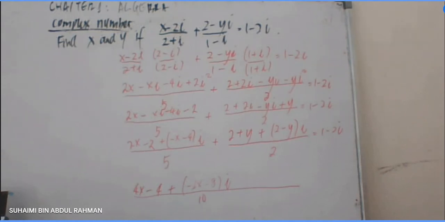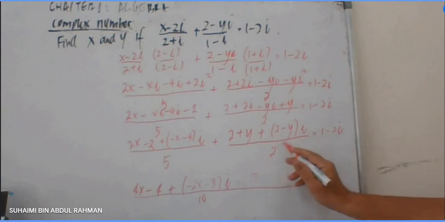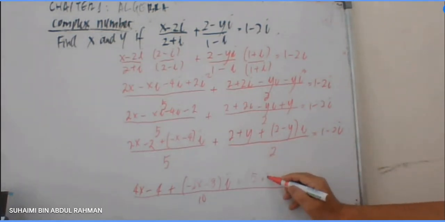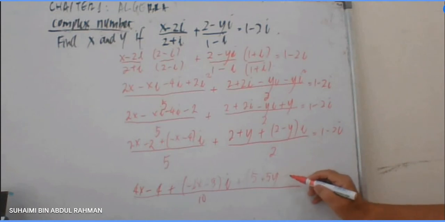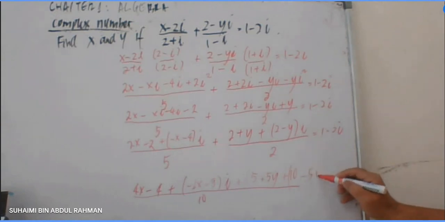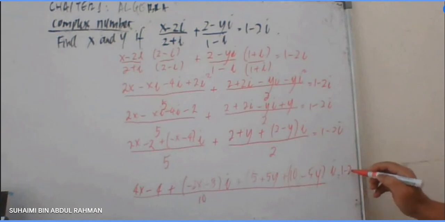The other one must be multiplied by 5: 5 plus 5y minus 10 plus 10 minus 5y i, equal to 1 minus 2i.